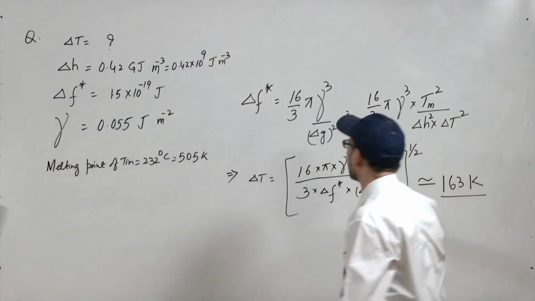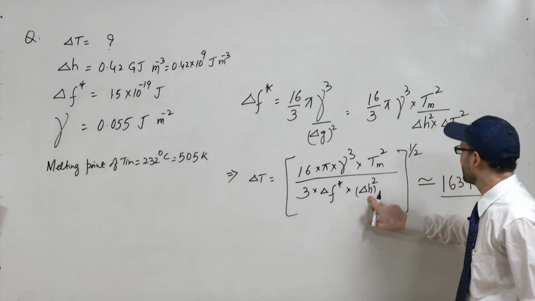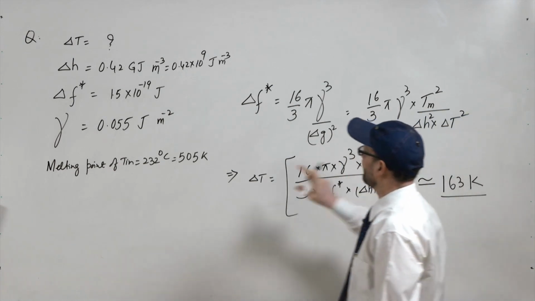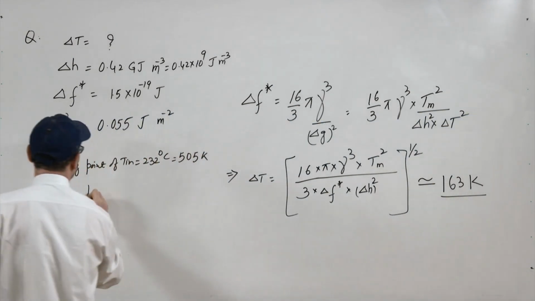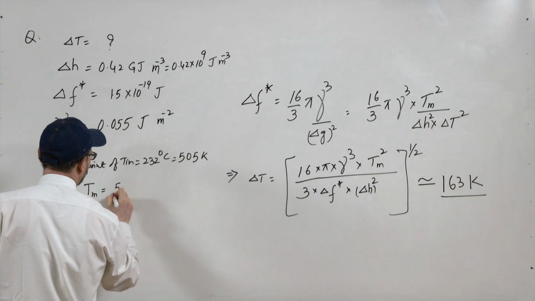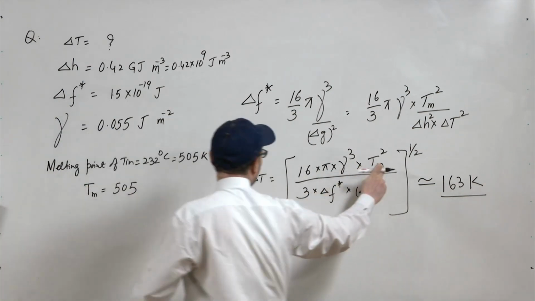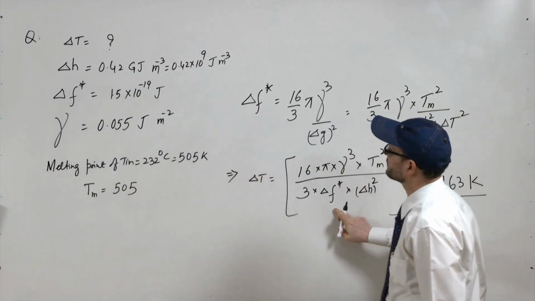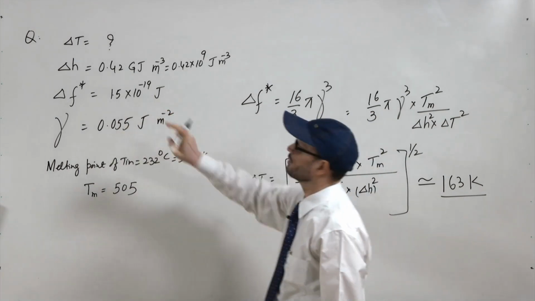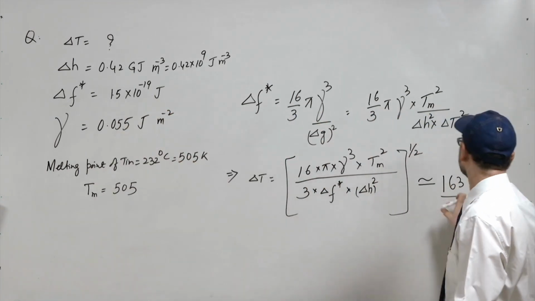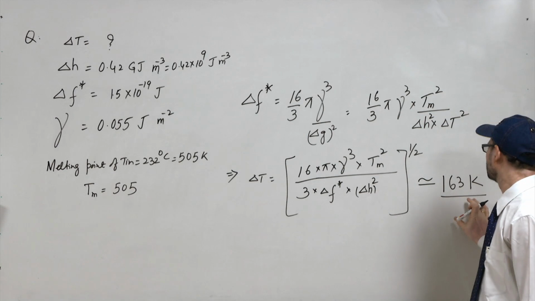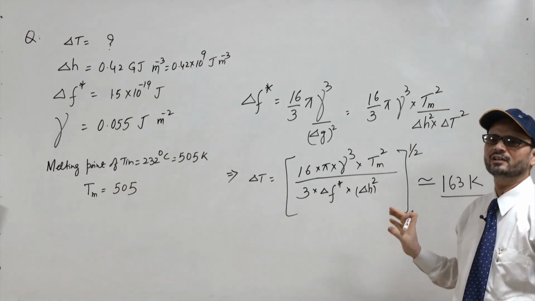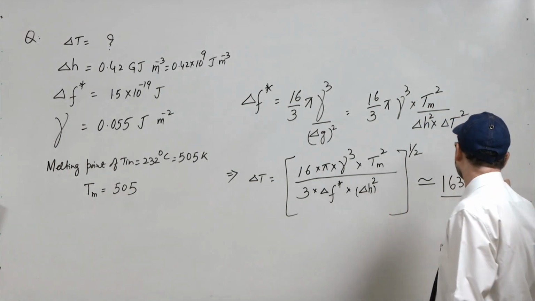This value is to be taken here. T m is given as 505, and delta F star is given as 1.5 raised to the power minus 19. So, ultimately the value comes out to be 163 Kelvin. This is the answer.